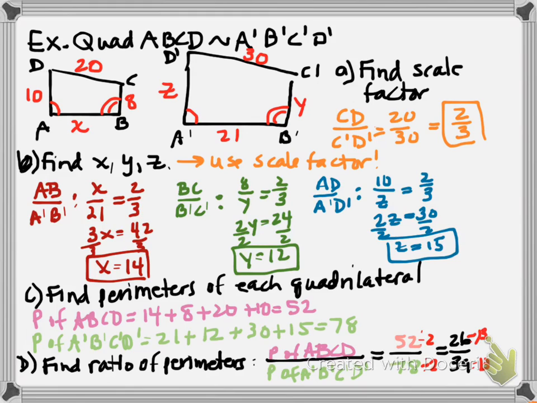And are you ready for this? Drum roll. We get 2 over 3. And in case that's not ringing any bells for you, remember what we got for the scale factor originally? 2 over 3. Is that coincidence? Something to think about. All right, good luck with your homework.